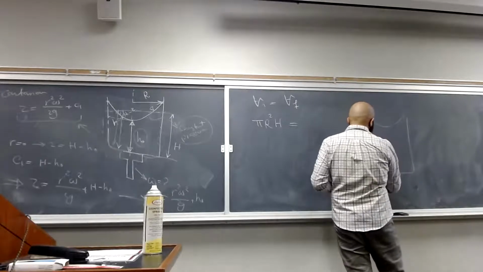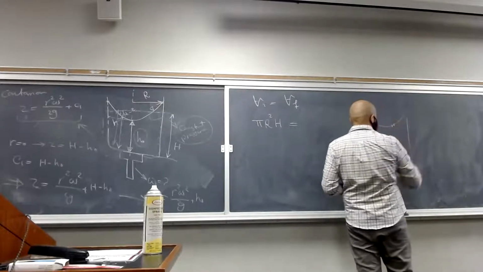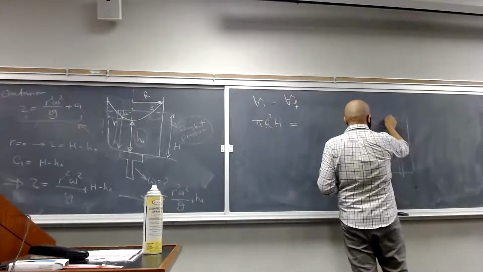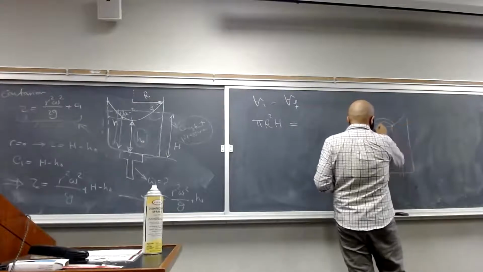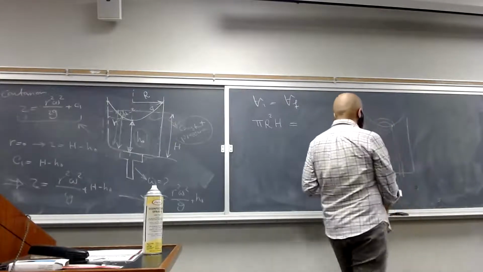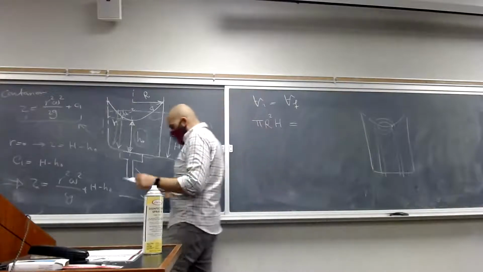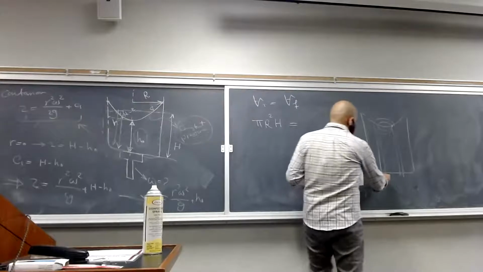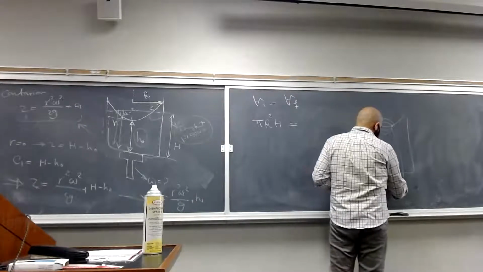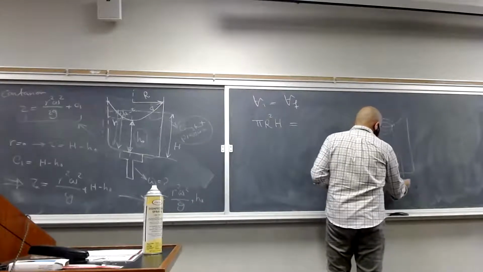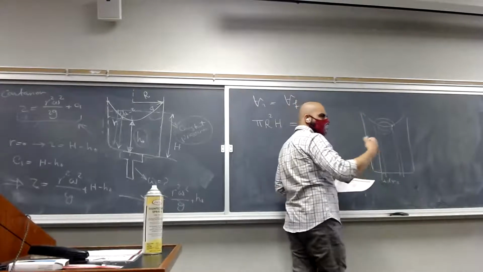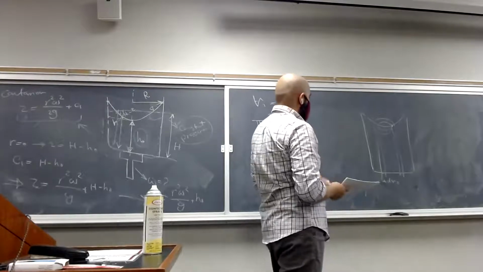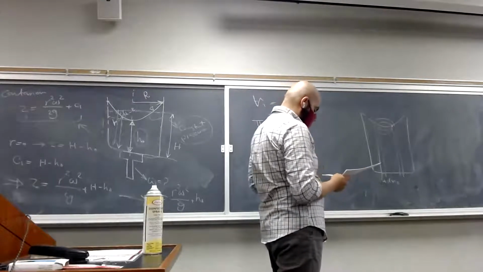We have to take a very small element of the surface and calculate the volume for this thing. What is the volume of this? That is going to be dV. And if we can calculate the volume of this, then we can integrate from 0 to capital R, which will give us the total volume as a function of H and R.